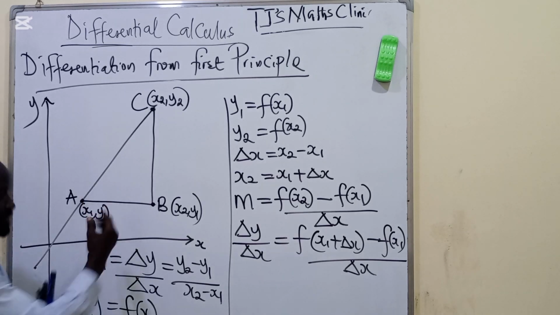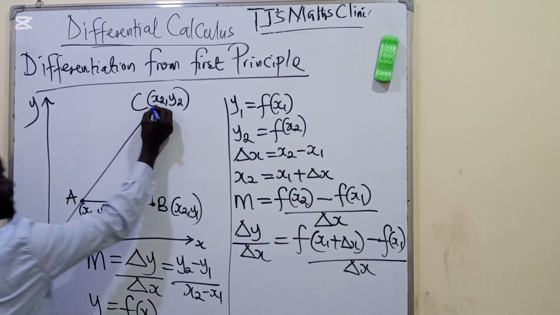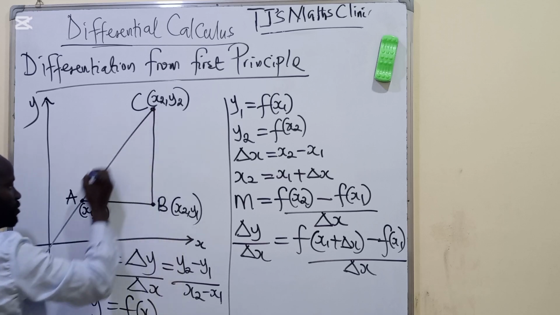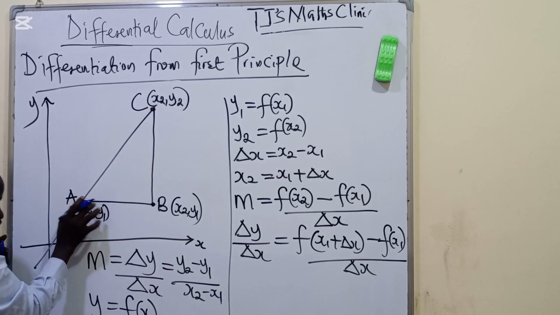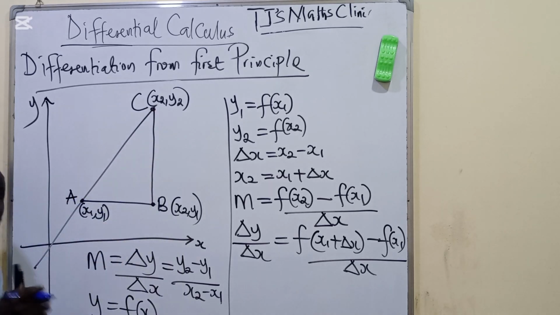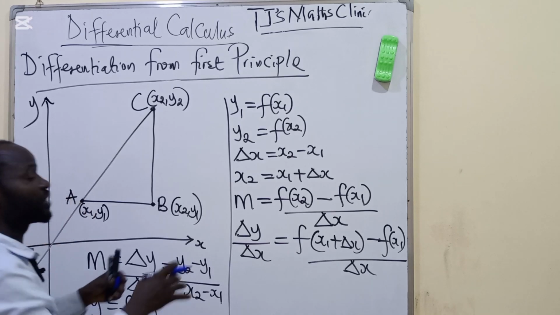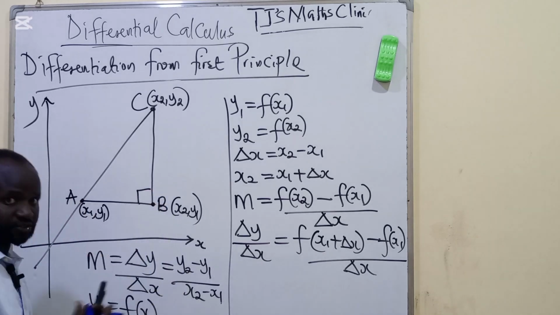If we want to get a more accurate result, we decide to move this coordinate C closer to this A. The change along the x-axis will tend to 0 so that we can get a more accurate result.